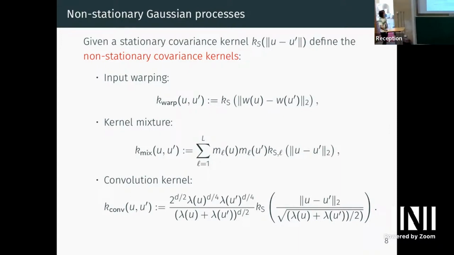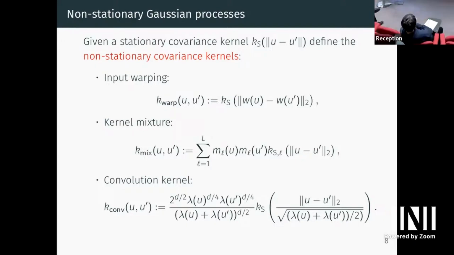The first one is a warping of the domain, so it's like a homeomorphism on the input space. The second one allows us to use multiple stationary kernels and change the variance over the domain. We'll go into all of these in a bit more detail as well.